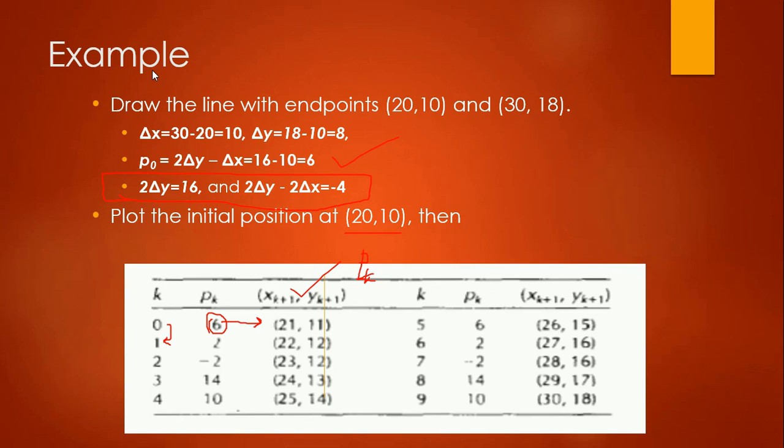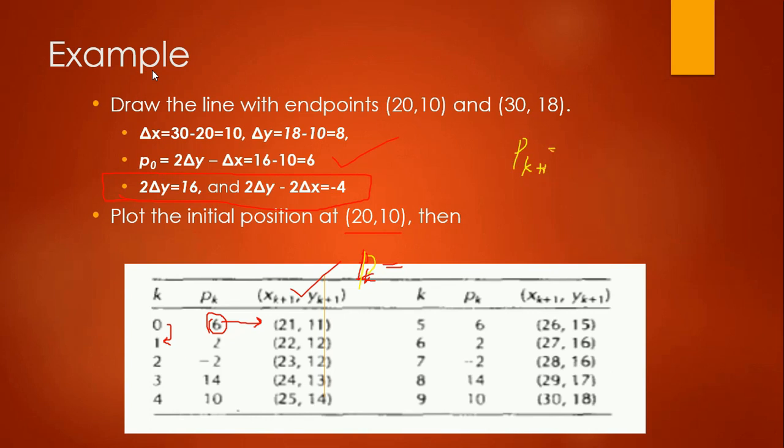Let me change the color here. So you have Pk plus 1. Now we are going to calculate Pk plus 1.